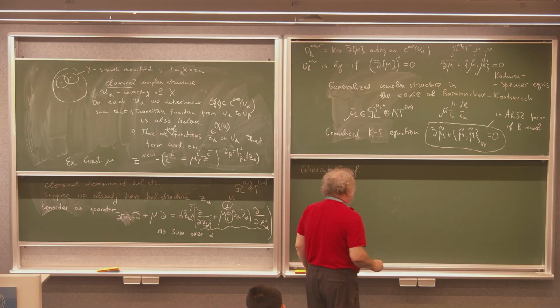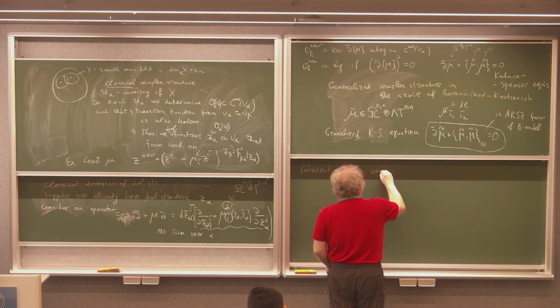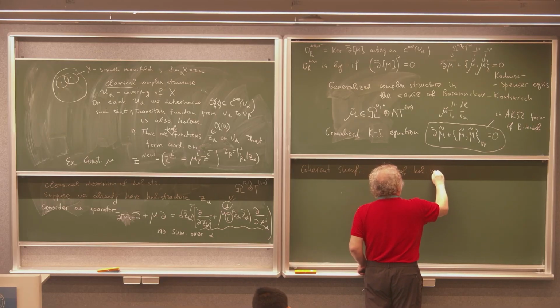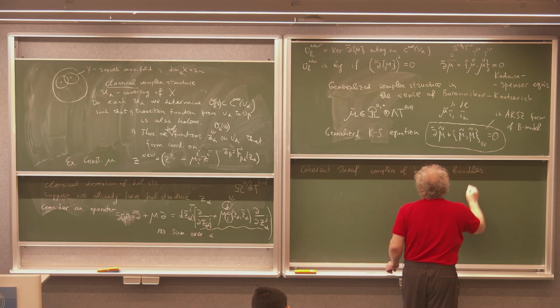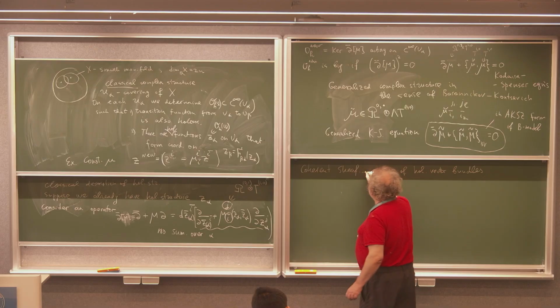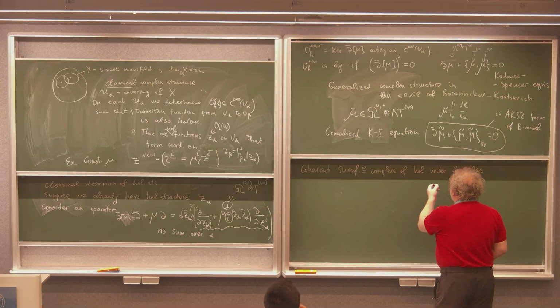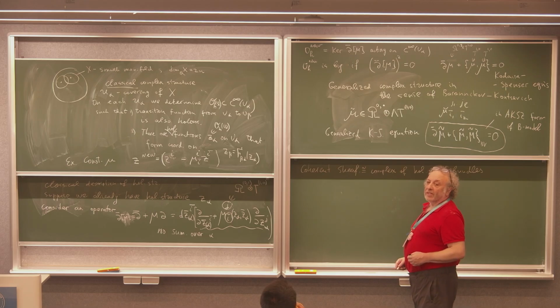So coherent sheaf, for simplicity, is the complex of holomorphic vector bundles. Now, how to understand holomorphic vector bundles from the complex analytical point of view.